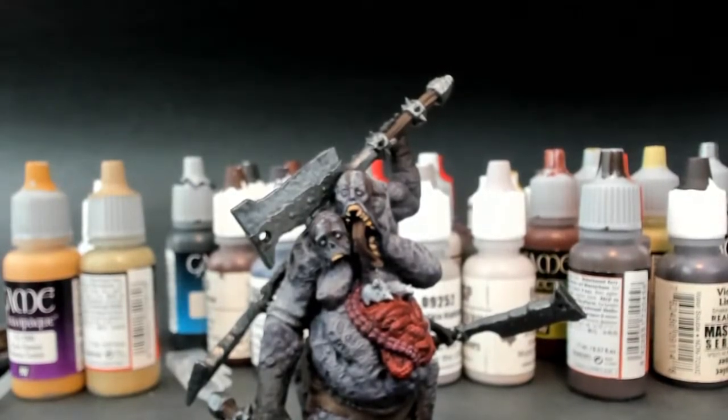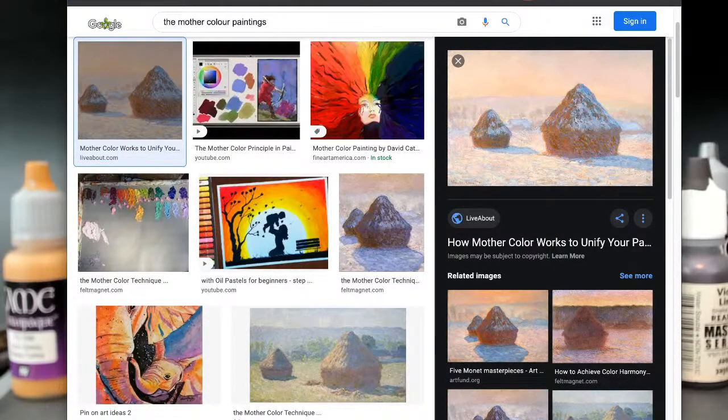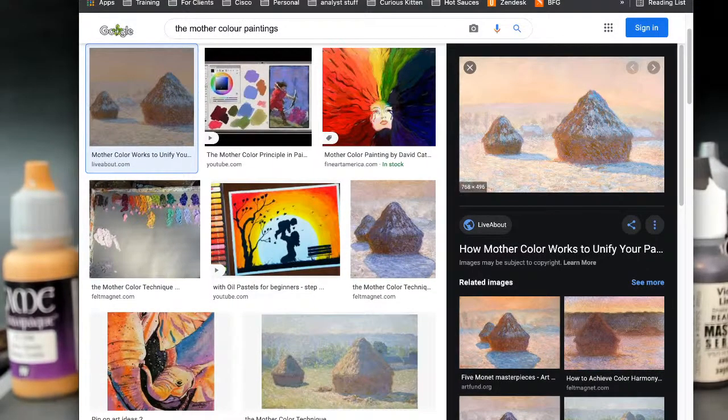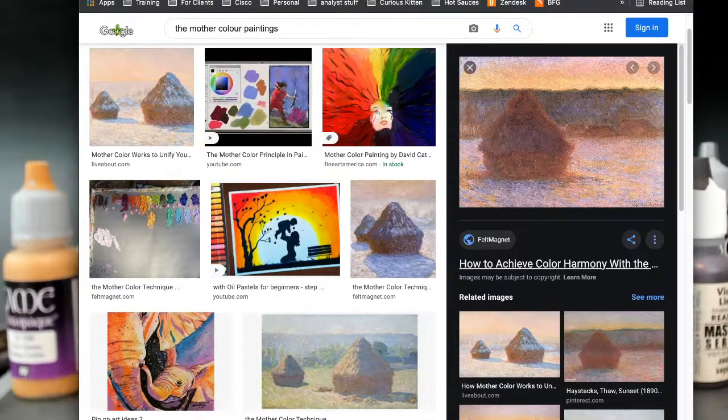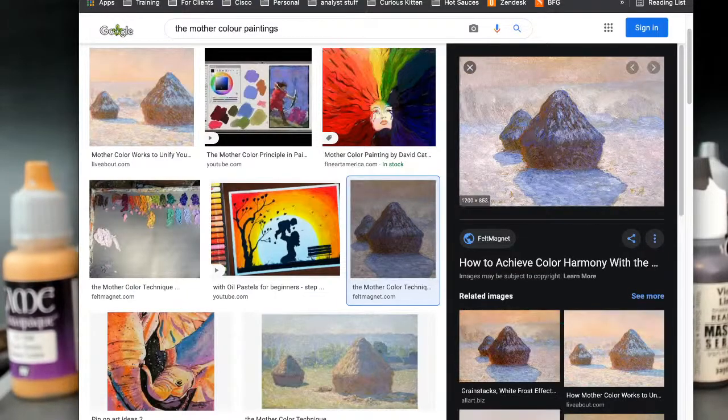So just to continue the discussion on the subject I was talking about, this is an example of the mother color. These paintings are basically lessons from people who were trying to make use of the mother color.